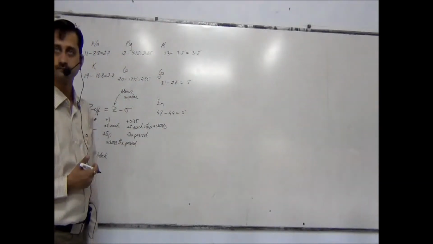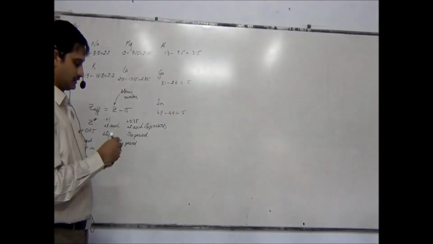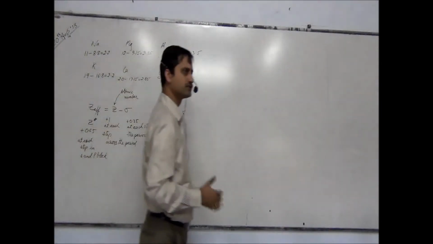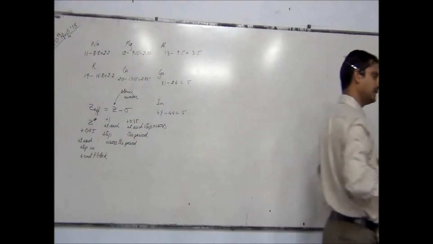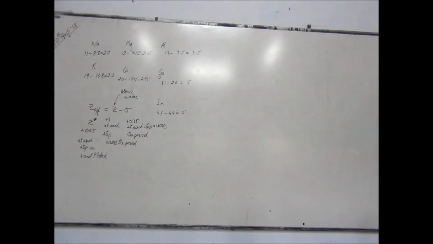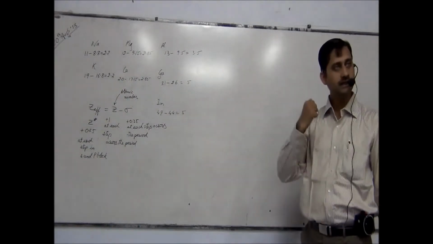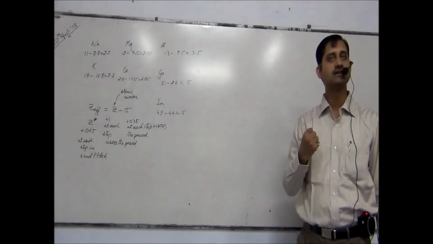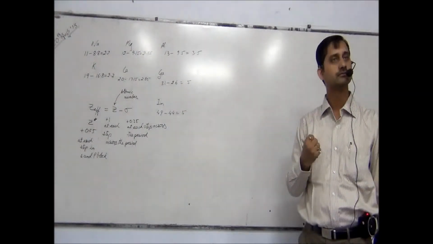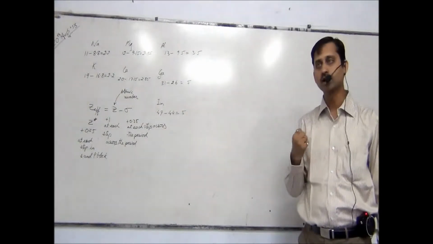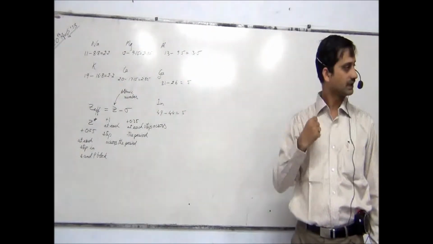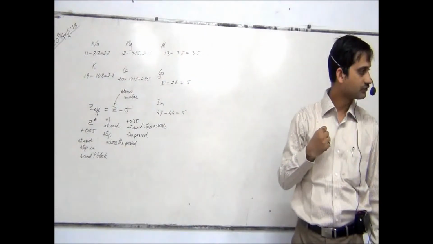Now we have to understand that when effective nuclear charge increases, what is going to happen? One thing is absolutely clear. Effective nuclear charge is how strongly the nucleus attracts the electron. That is what we call the effective nuclear charge.